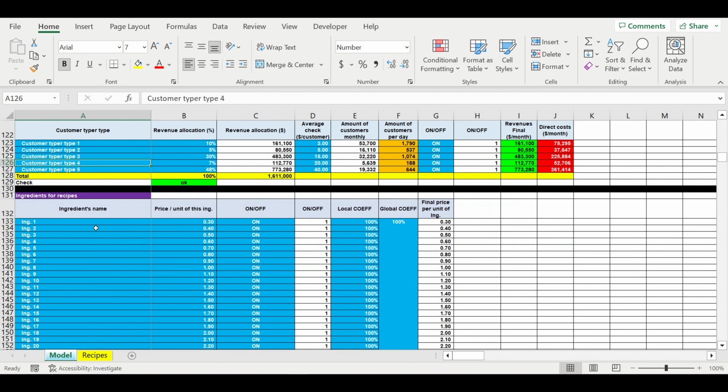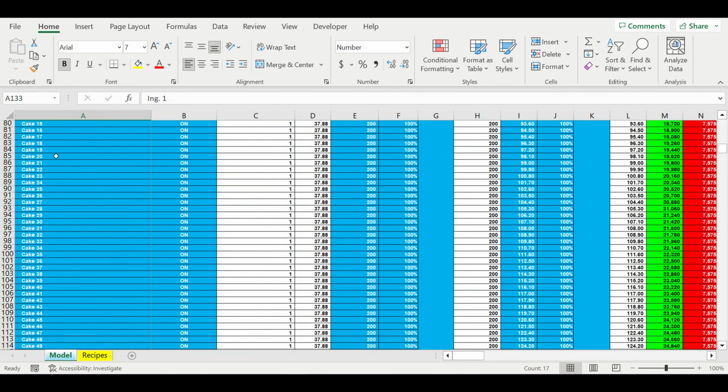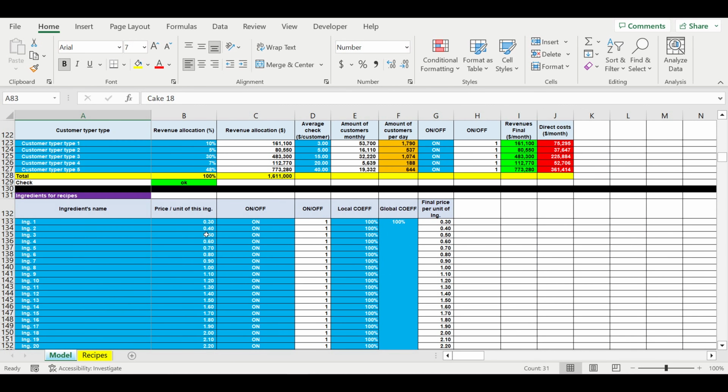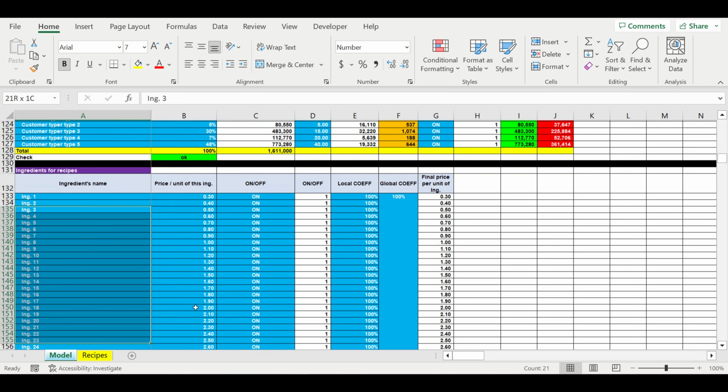Then we have the list of ingredients which play part in producing this or that bread, cake, and so on. So these ingredients are for these cakes and breads that we are producing. These are the pricing per unit of this ingredient.